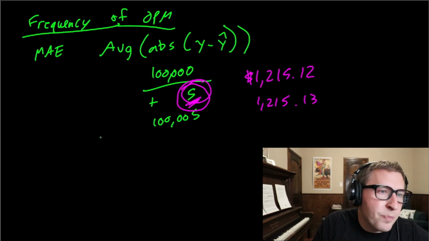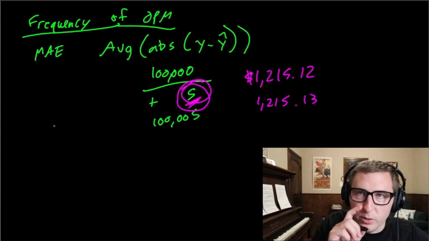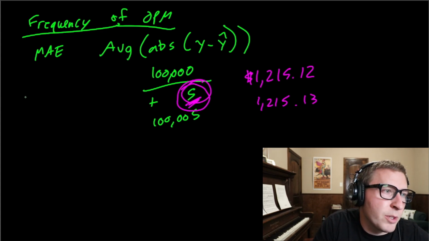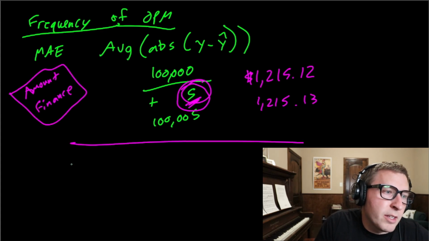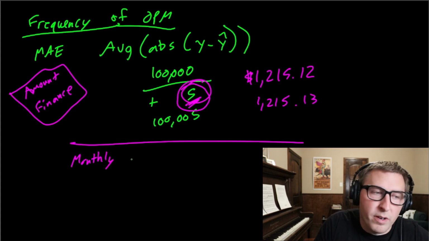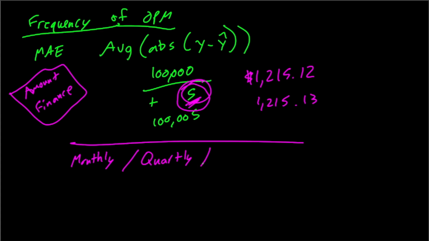So in our example here, if we're doing loan valuations, and let's just say we're doing amount financed for a vehicle, in this case we might do something that's monthly, depending if you have enough volume, or you might choose something that is quarterly, or semi-annual, or annual. Now, that being said, if you're doing something that's trading related, you might do daily.